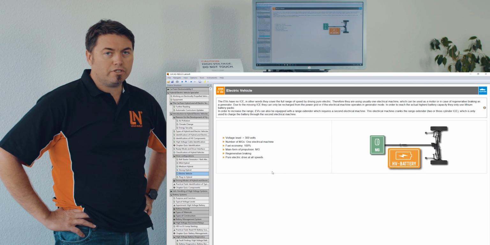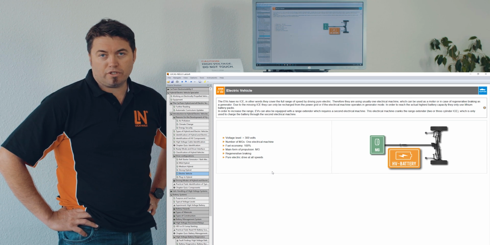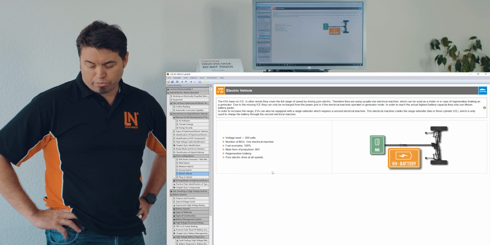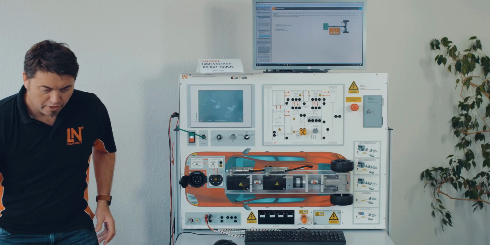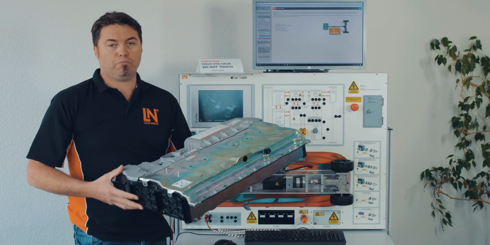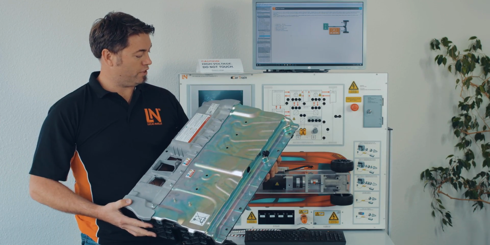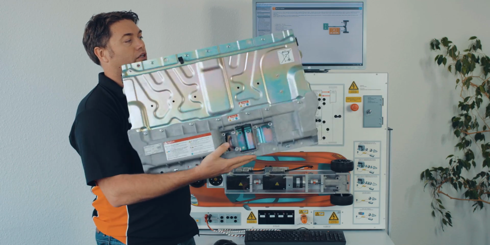I think most of you will be familiar with the size of the battery in the Prius, or if we have a look here, this is the battery case from a Q5, so an Audi Q5.